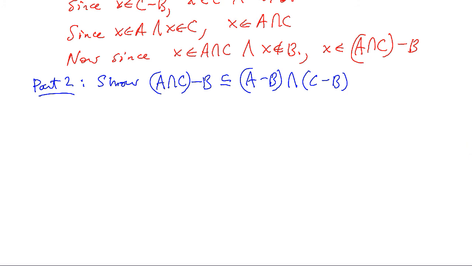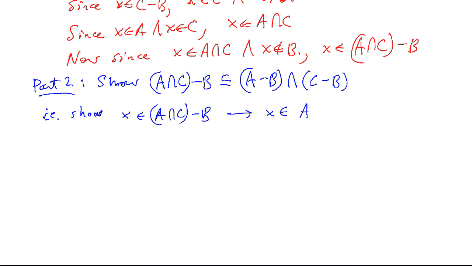So we need to show that if x is in the left-hand side, then x is in the right-hand side. Let me make sure I copy the right-hand side down correctly before I proceed. Okay, there it is.